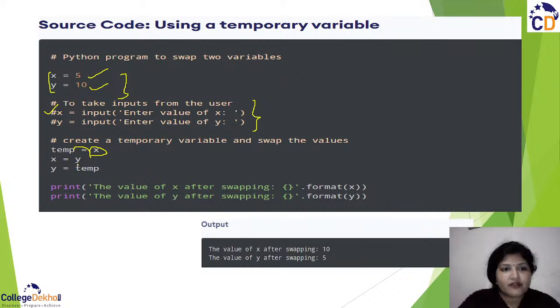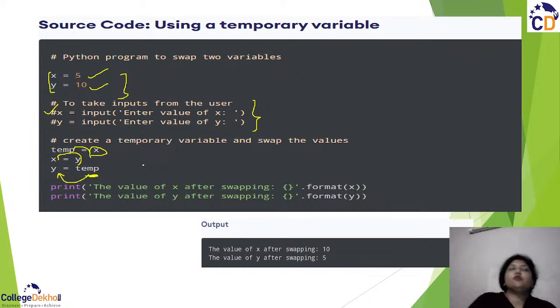And the y value is shifted to x, right? Now, whatever was x is now in temp, so that x value should be inserted into y. So this is how we swap the values using two variables.